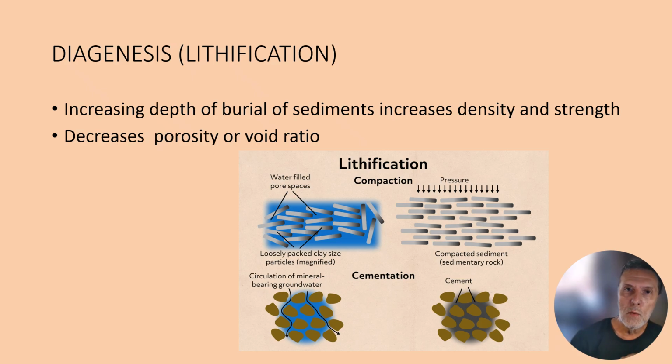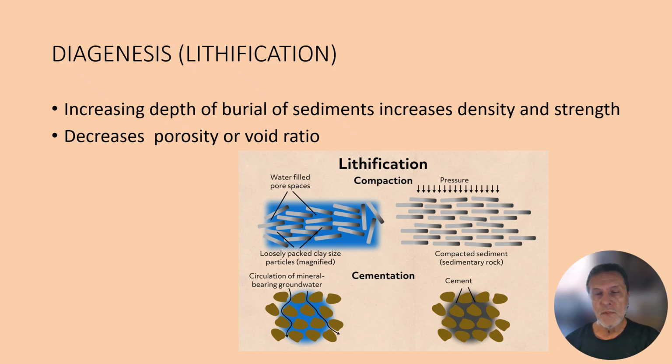So when we talk about the process by which sediment or soil can become rock, it happens over a long period of time where you have sediments that are increasingly buried at depth.